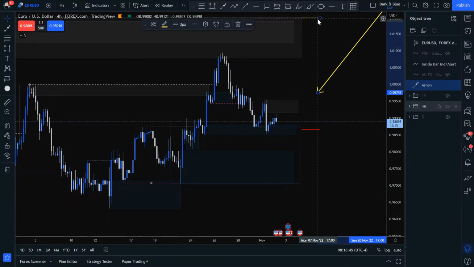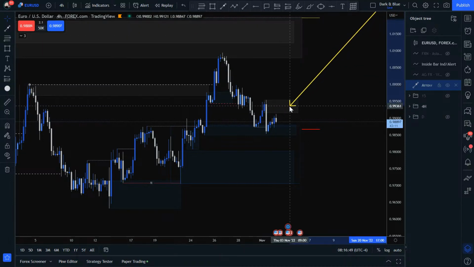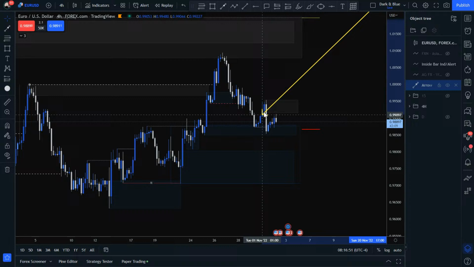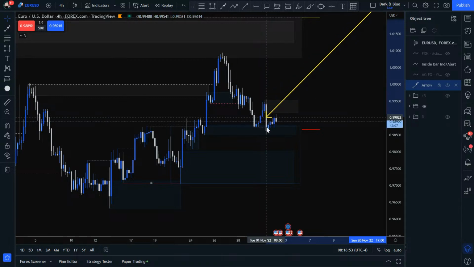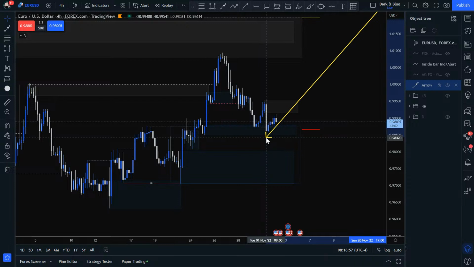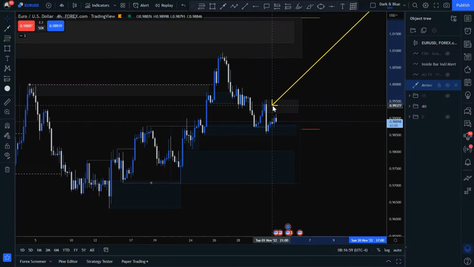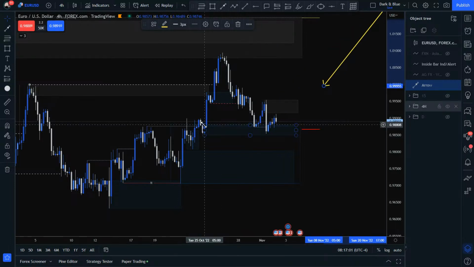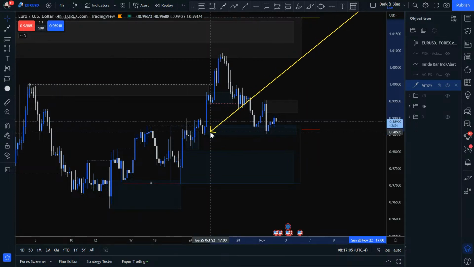Got it? Okay. So we are in premium price. We have to be careful. We want to take sells from here. Now, you see how we had a break of structure, or a fractal break of structure here, and a pullback. This here is a response to this demand zone.